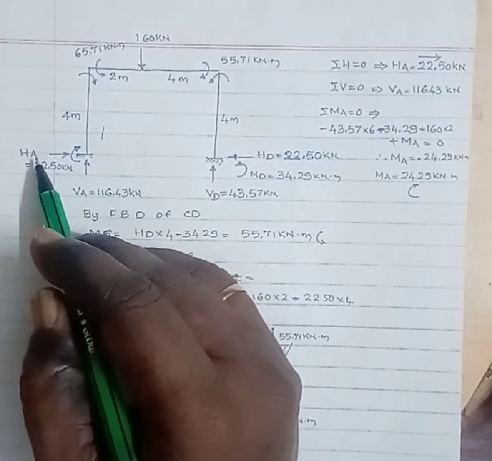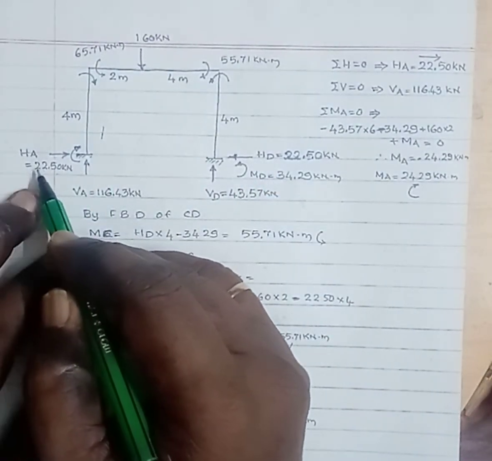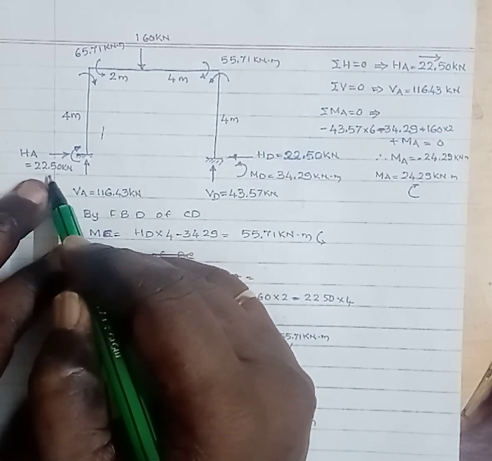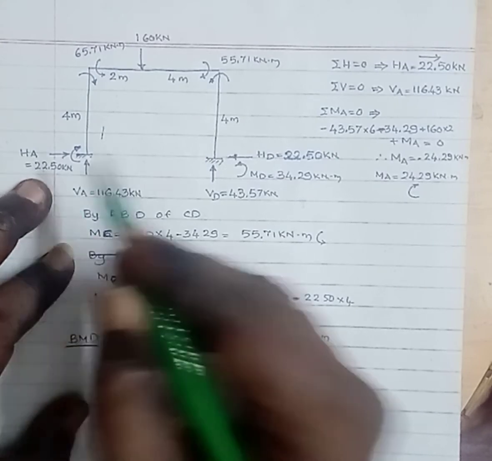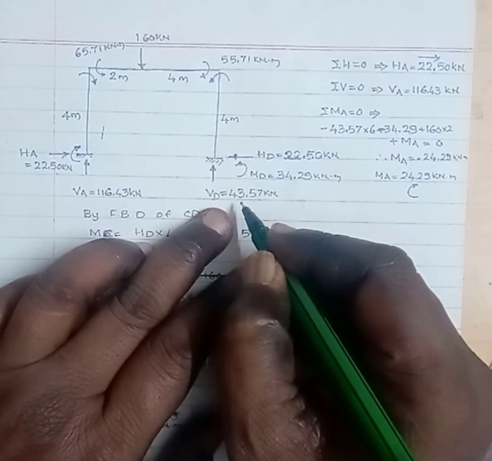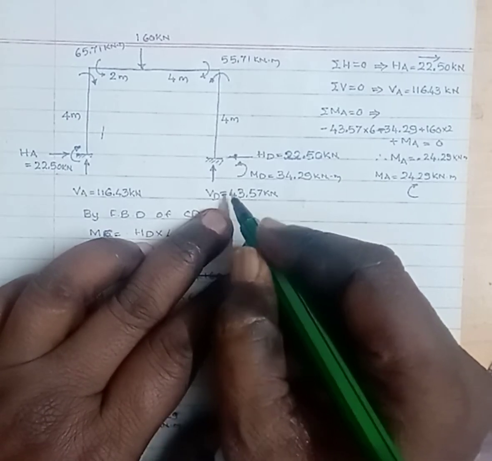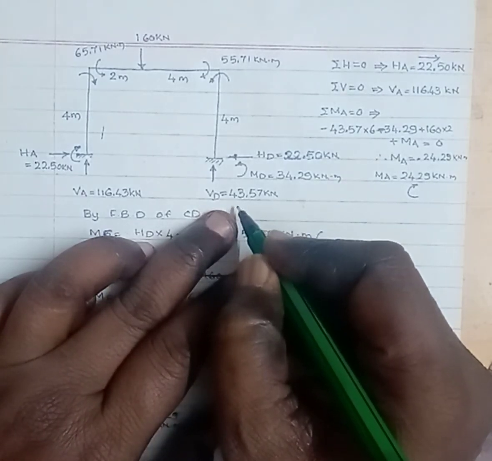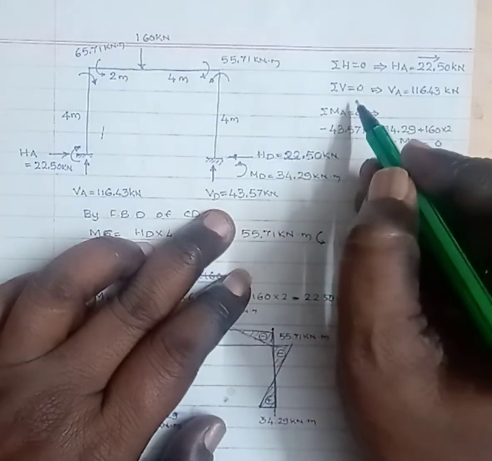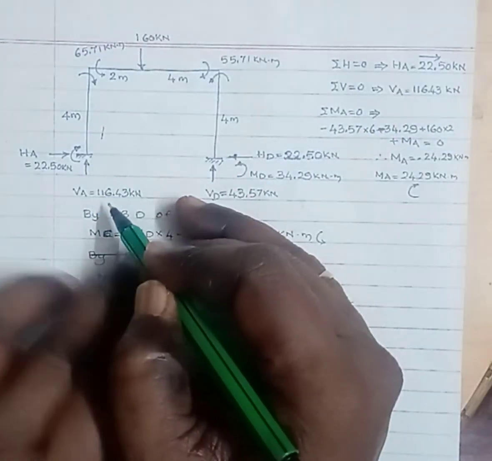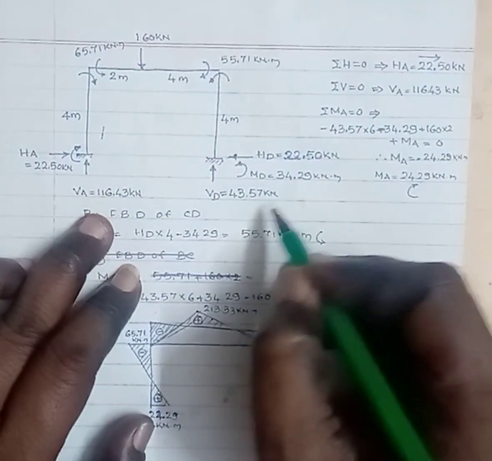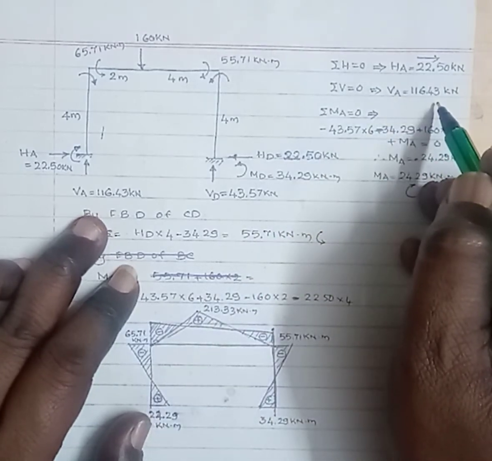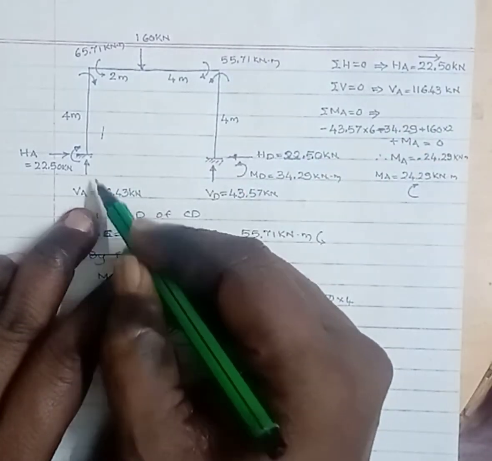Then by using summation of H equals 0, HA equals 22.50. Similarly, VD equals 43.57. Then summation of V equals 0. Here we will get 160 minus 43.57, VA equals 116.43, that is upward.